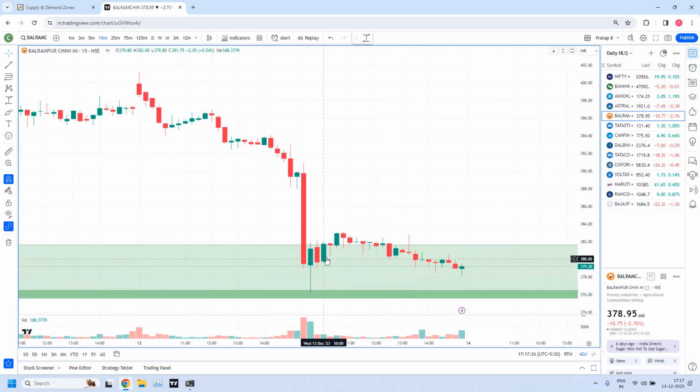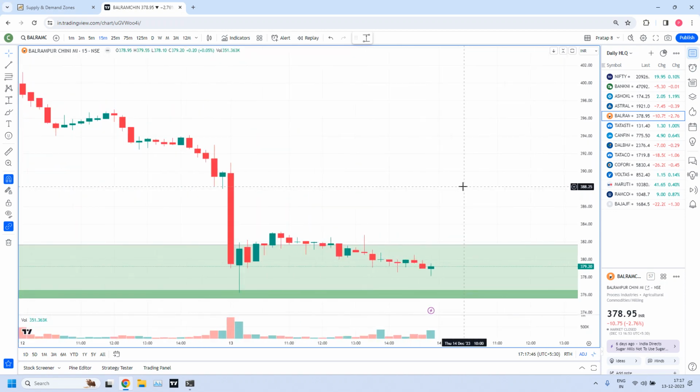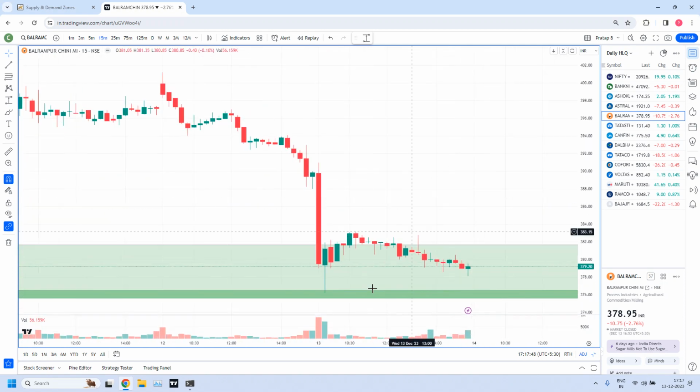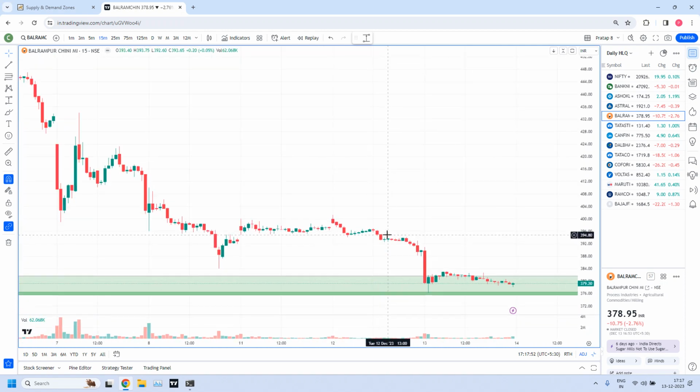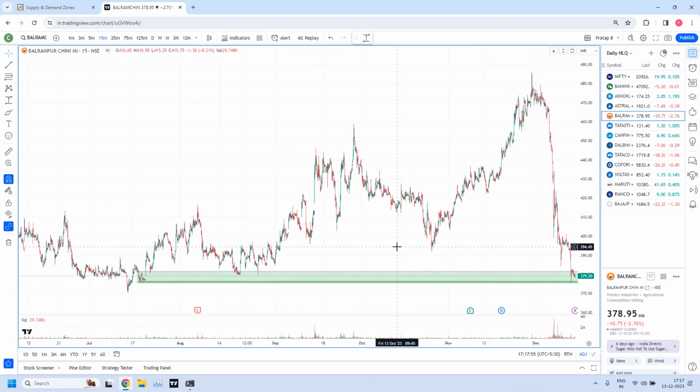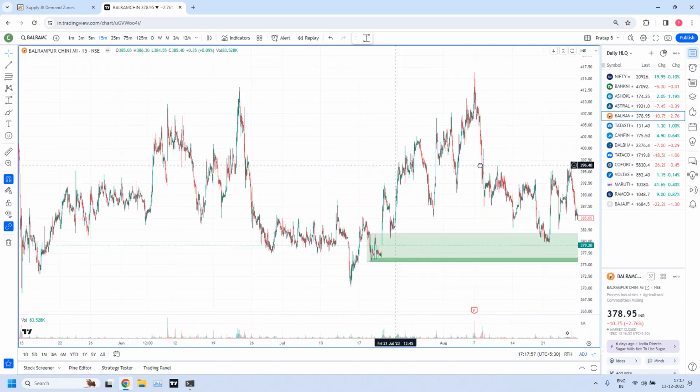But even with such a strong supply, this 5 minutes zone is still able to control the prices, because of this 5 minutes zone at the proximal line of this daily zone.